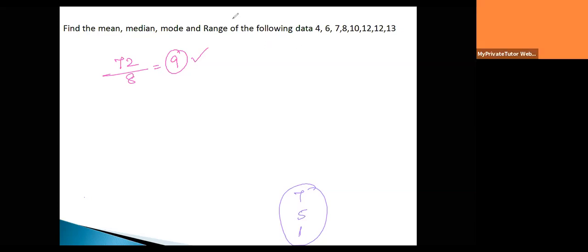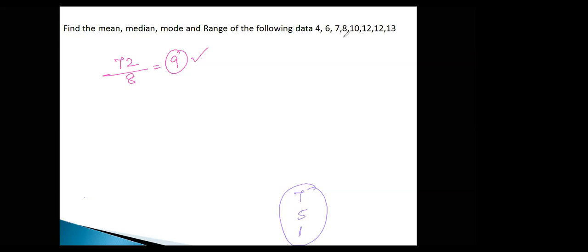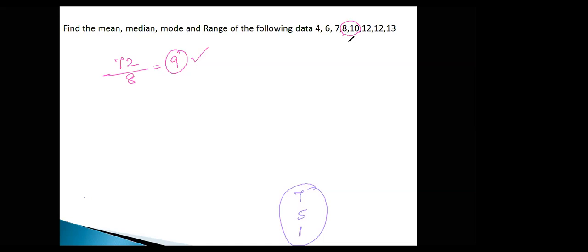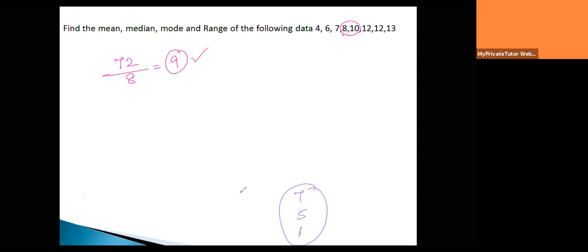So median is nothing but the middle number, guys. From this, what is the middle number? 9. Yeah, you said correctly. You want me to explain, Arfan?